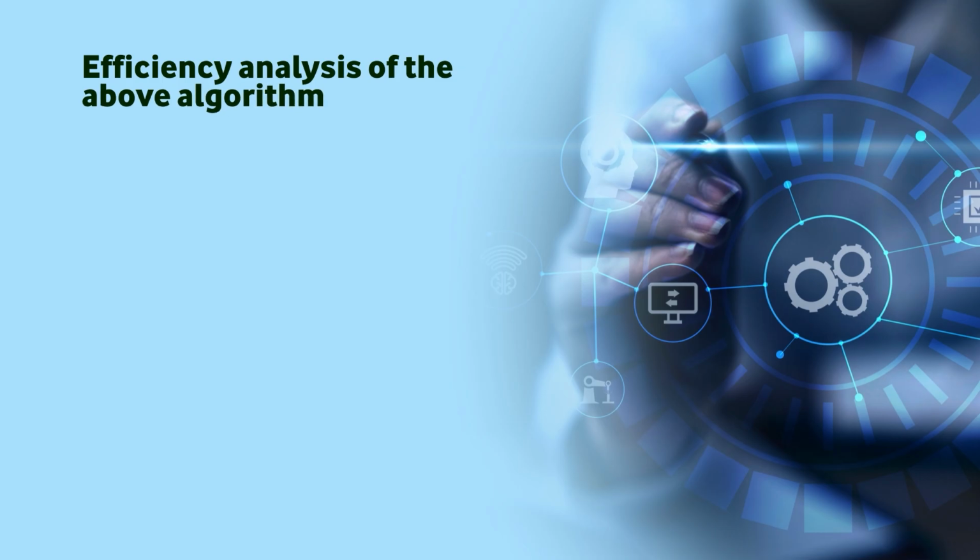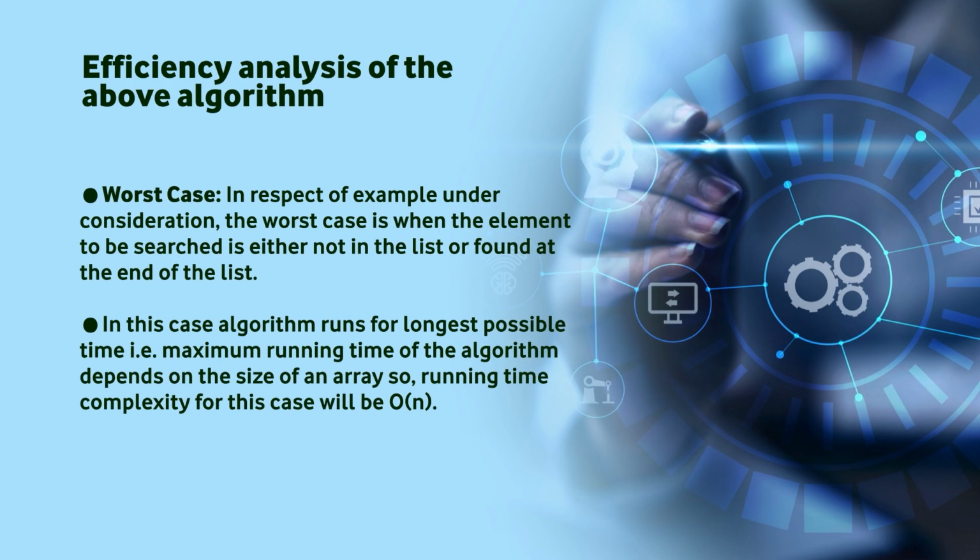Now, the efficiency analysis of the above searching algorithm, that is linear search. How do we analyze these efficiencies? In which case do we think of the worst case? In the example under consideration, the worst case is when the element to be searched is either not in the list or found at the end of the list.